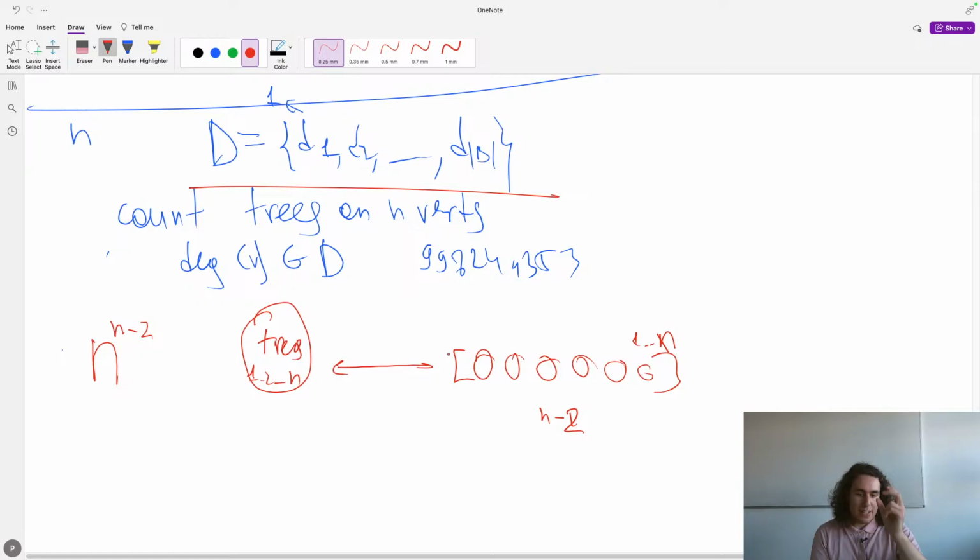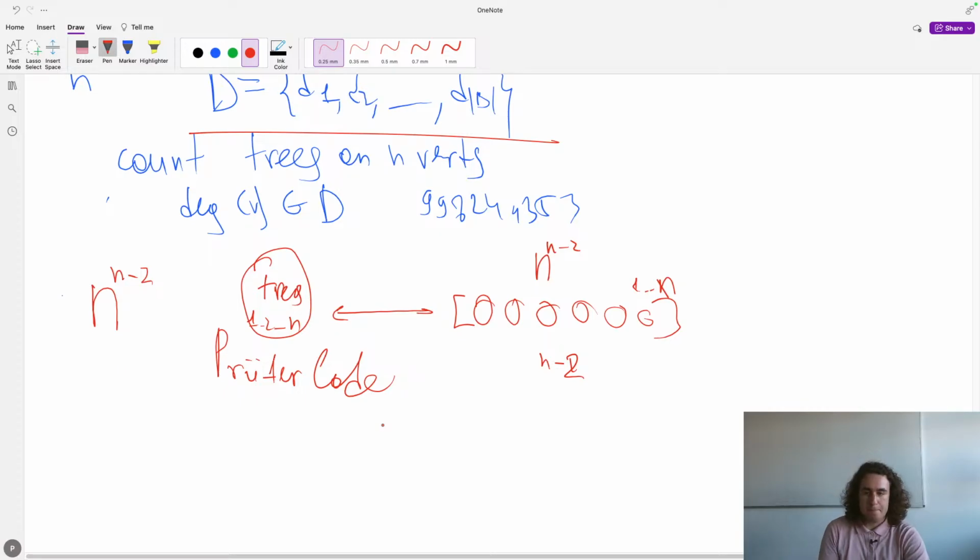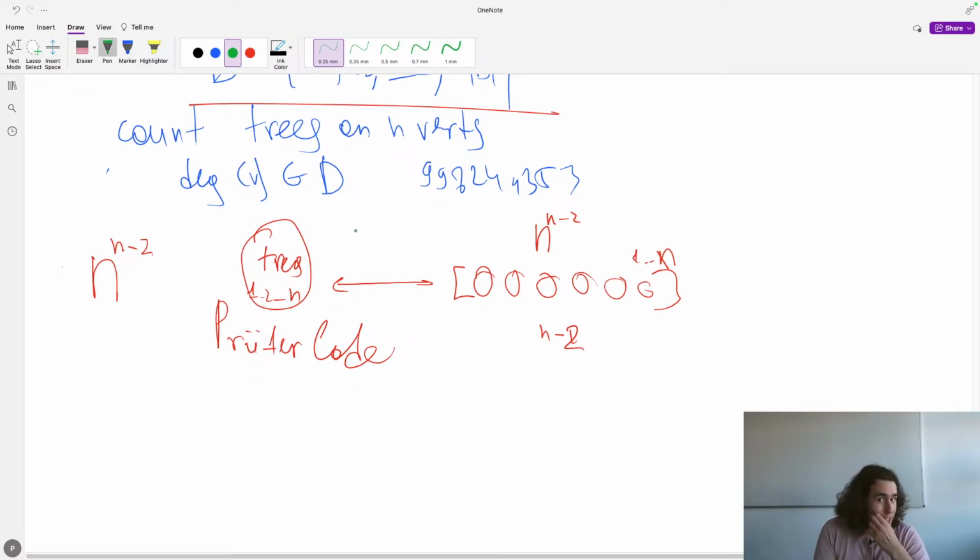Every element has n choices, so there are n to the power of n minus 2 such arrays. This is called Prüfer's codes, how to encode a tree. And actually, if you look at how these codes work, it's a very simple process of encoding.